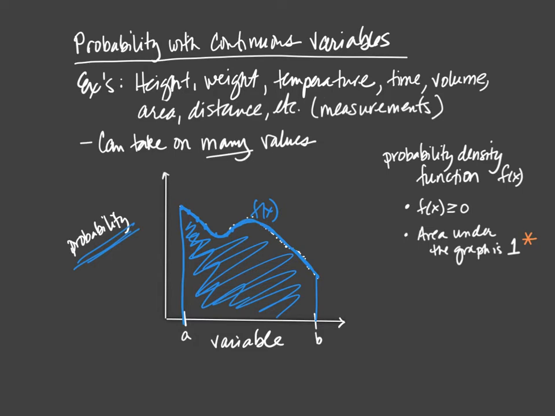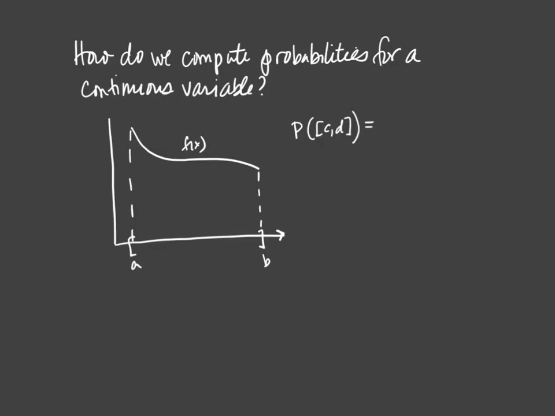So again, we want to remember that this is important. The area under the graph of the probability density function, sometimes called a probability distribution function, has to be 1. So if f is my probability distribution function and I would like to compute the probability of getting a value between c and d, right?